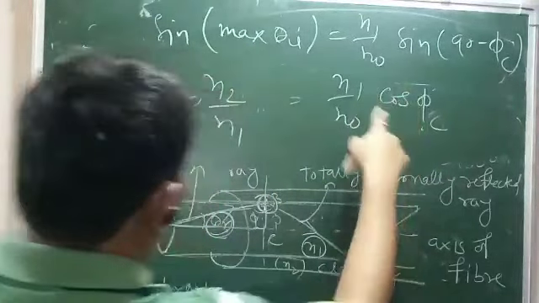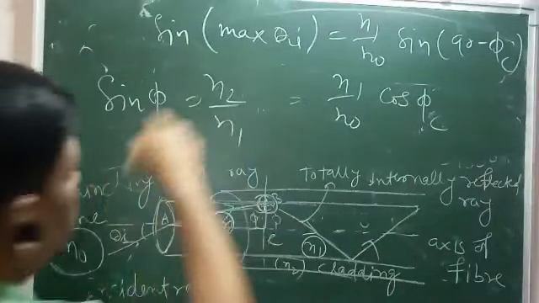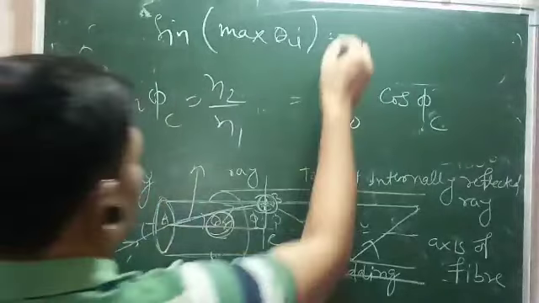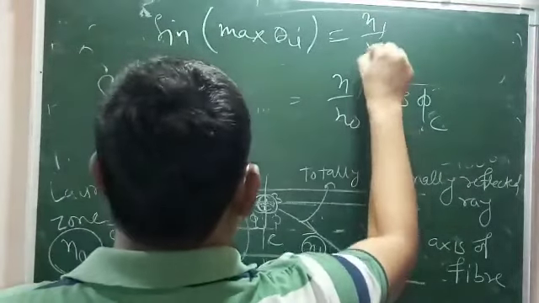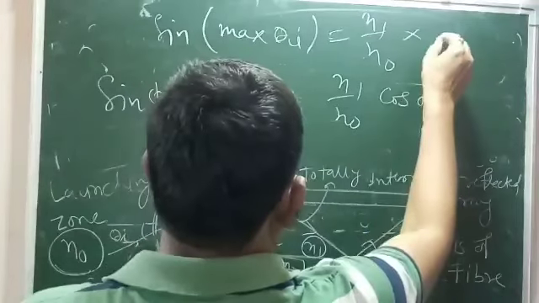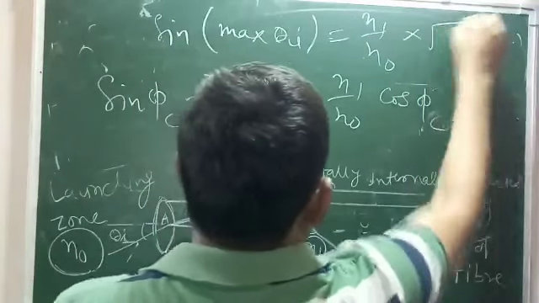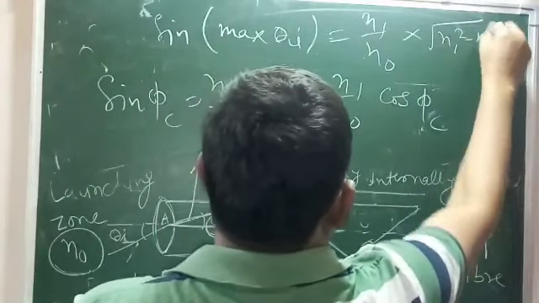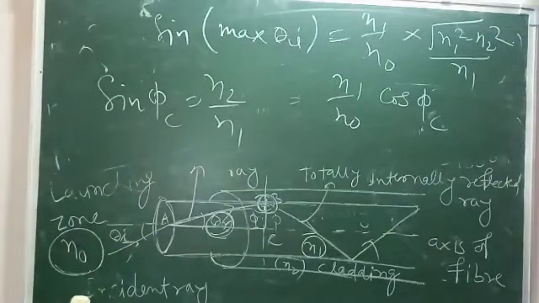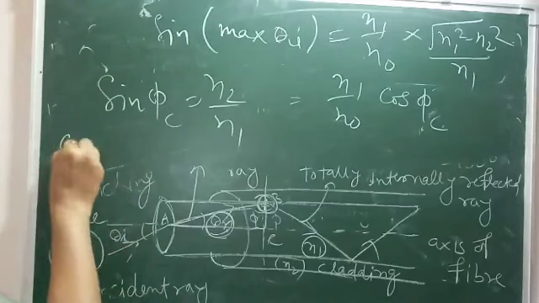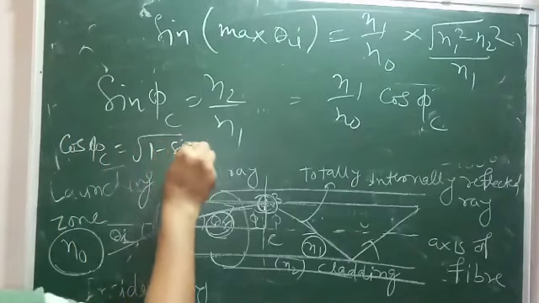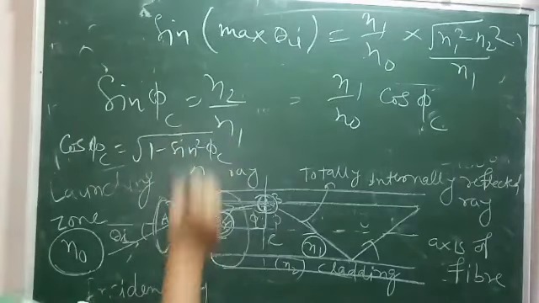The cos phi c is converted into sin phi c, then we get N1 by N0 cos phi c is equal to root over N1 square minus N2 square by N1, because cos phi c is equal to root over 1 minus sin square phi c.